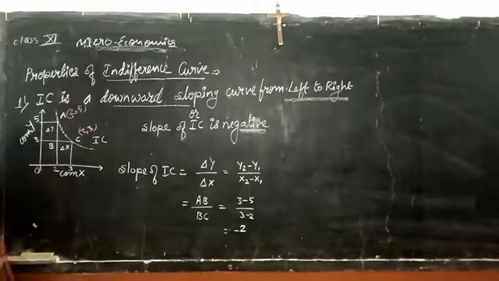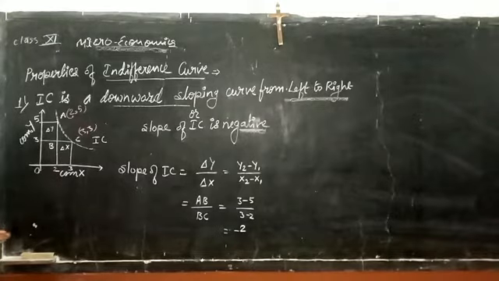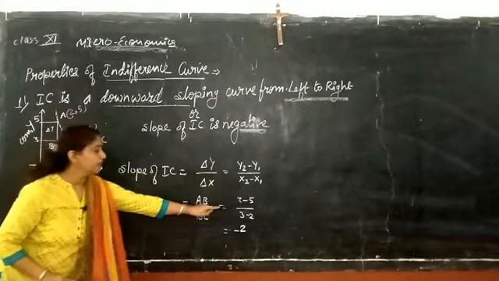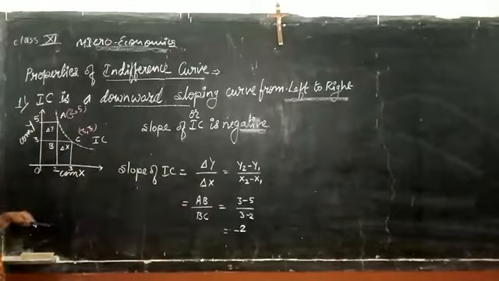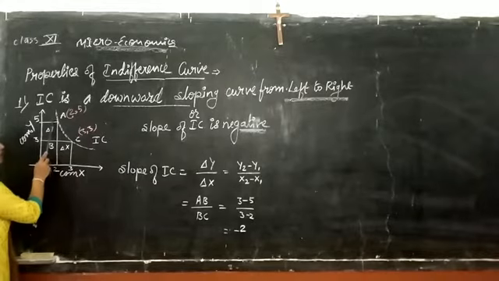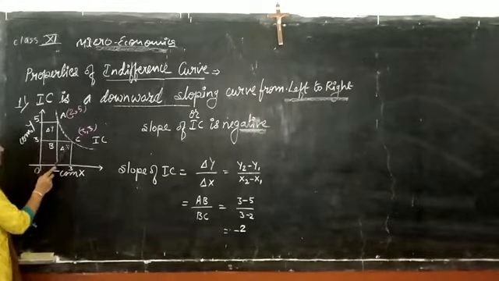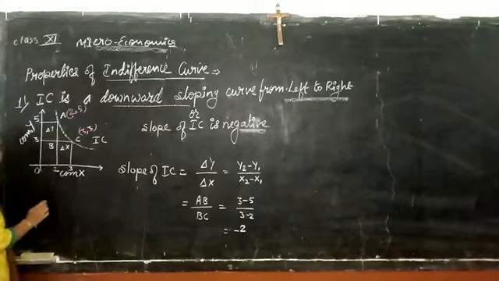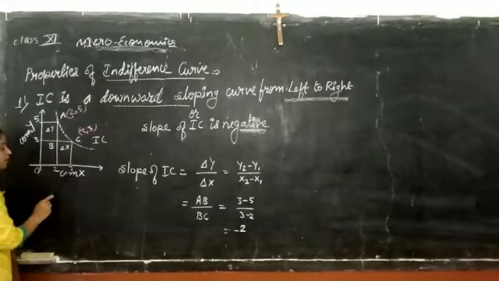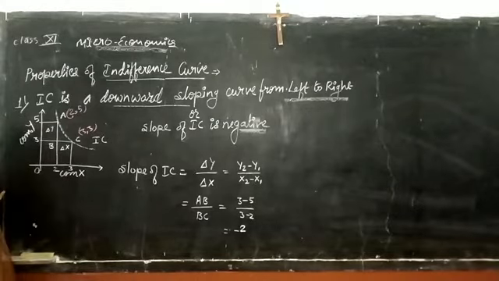So the change in the consumption of Y is Y2 minus Y1, that is 3 minus 5, divided by the change in consumption of X. From A, after reaching C, he increased his consumption of X from 2 to 3 units.